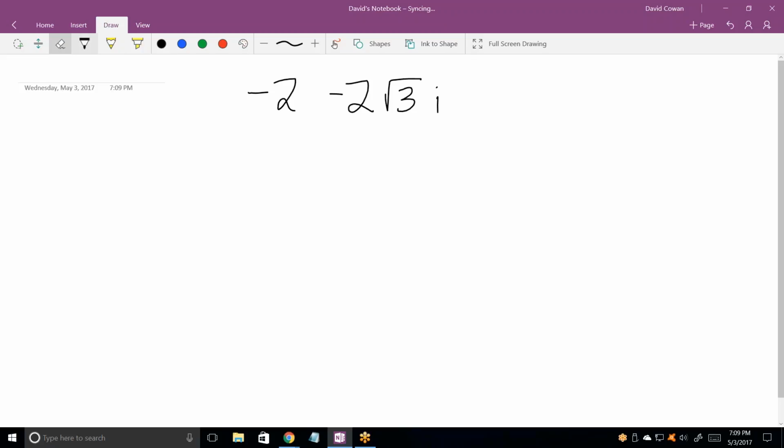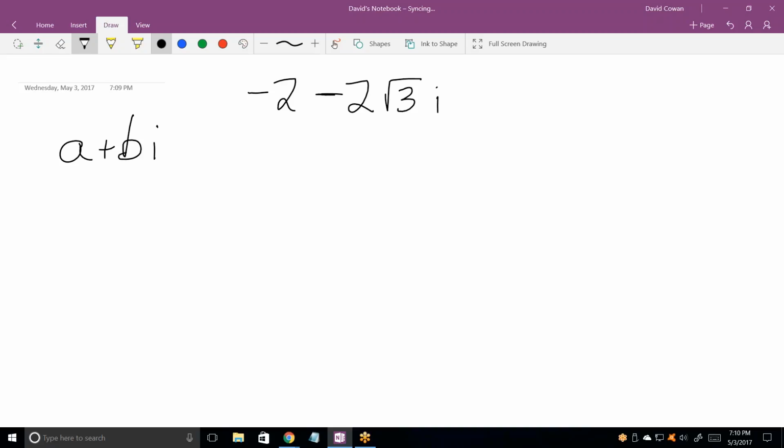And I believe what you mean is minus 2 root 3i. That is a complex number in standard format. This is the standard format for a complex number. So in your case, a is minus 2 and b is minus 2 root 3.